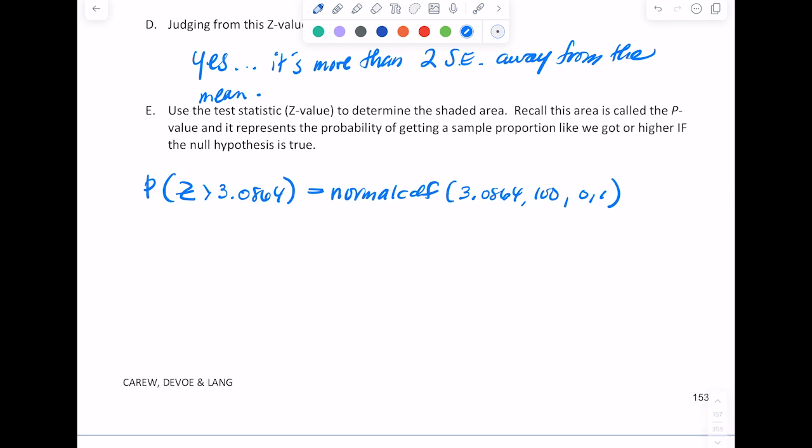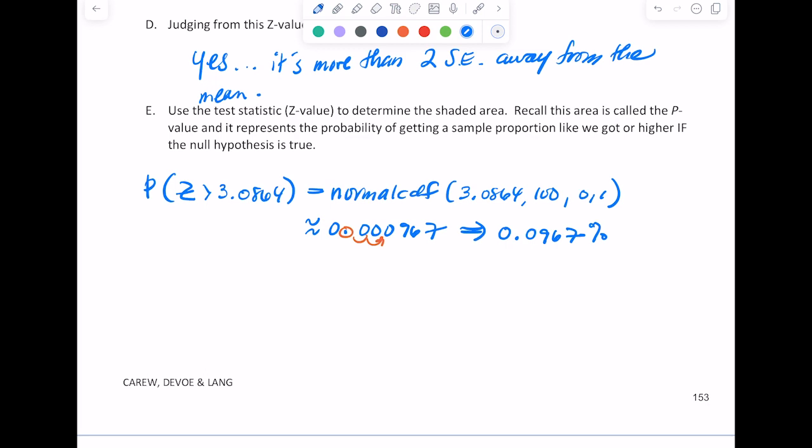And when you do that, you end up with, if I change that to a percentage, if I move this decimal 2 places to the right, you actually get basically 0. It's 0.0967%.